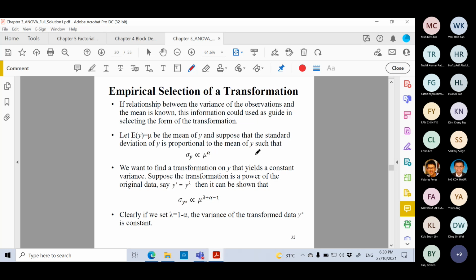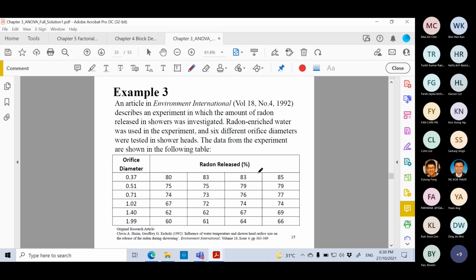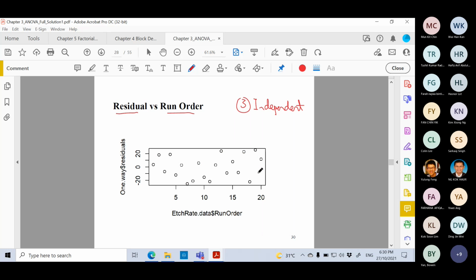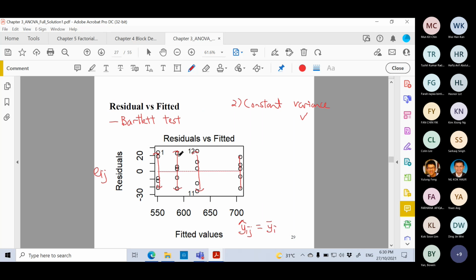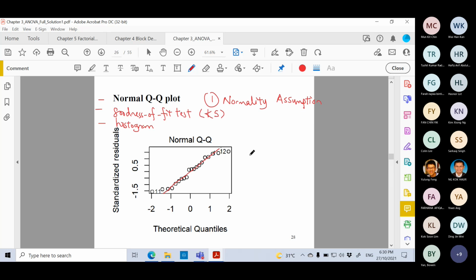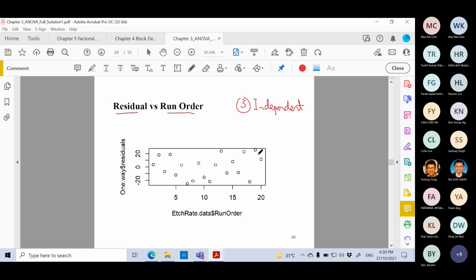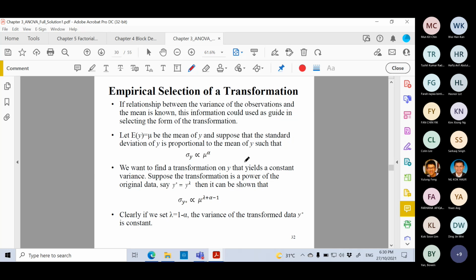Just now I mentioned that if you have a problem with your assumptions, for example the constant variance is not fulfilled, or the normality is not fulfilled, then what you can do is perform a transformation. You transform the data and then run the analysis of variance.